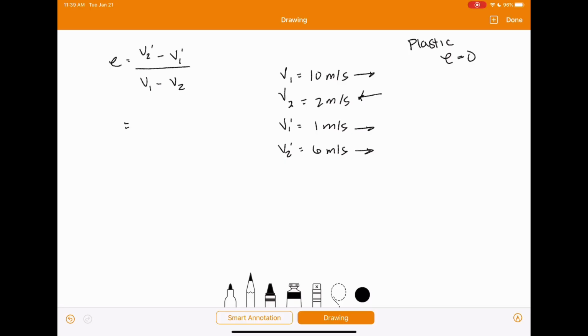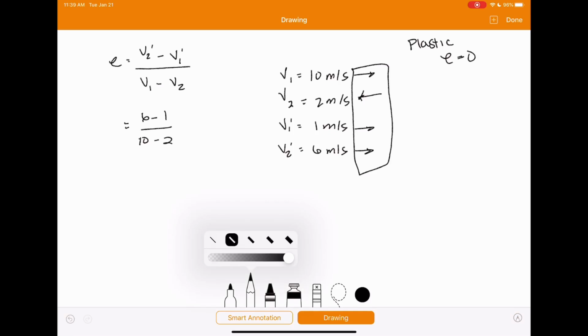We'd get 6 minus 1 over 10 minus 2. Now you've got to be careful here because these directions do matter. I'm going to declare the direction to the right as being positive, so this one's actually going to be negative.